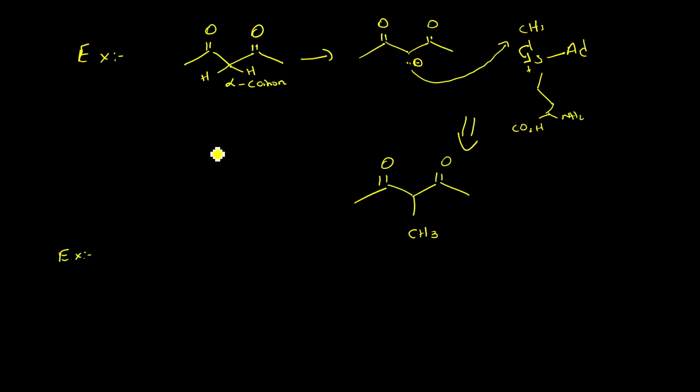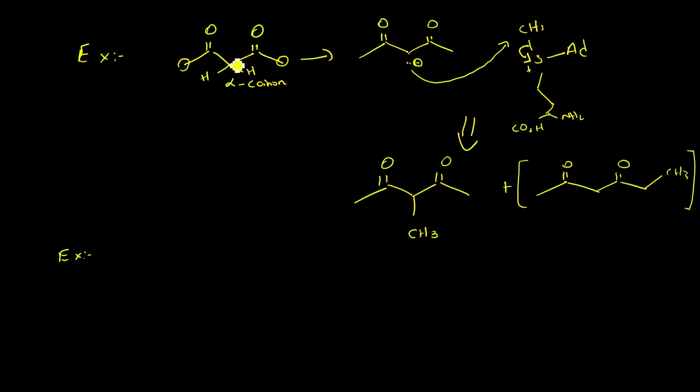Also, before I go into the next example, you may wonder, right, this is also an alpha carbon, right? This also has acidity. Why doesn't this place react with our SAM? It can, right? You know these are chemical reactions, so this is not the only product, right? There can be other products also, like this one. This product can occur, but the probability of getting this particular product is very low. Why?